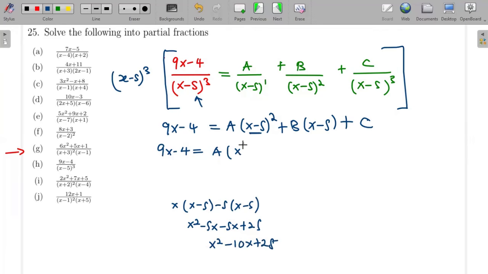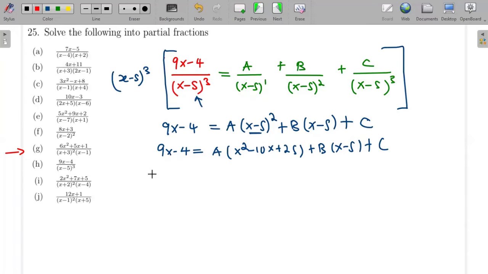So this is what I have there. And then here it will just be plus b(x - 5), and then plus c.